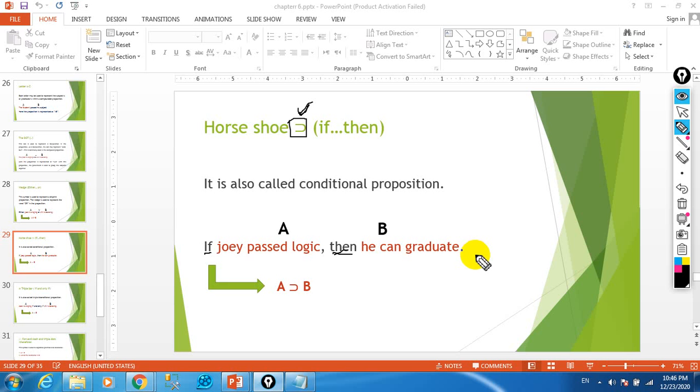So here we have two propositions. Here the first is the condition, if you work hard, and after this condition the conclusion is: you will pass. If you work hard, you will pass.